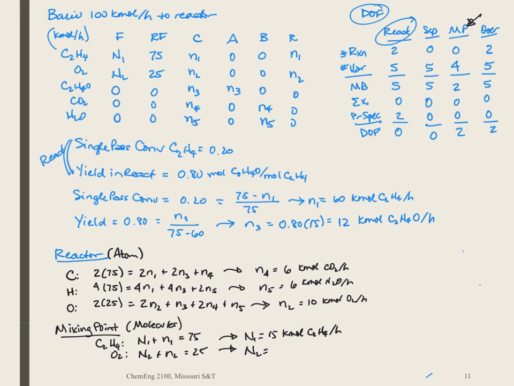And N2 is also 15. All right, I could use remaining balances to check my work.